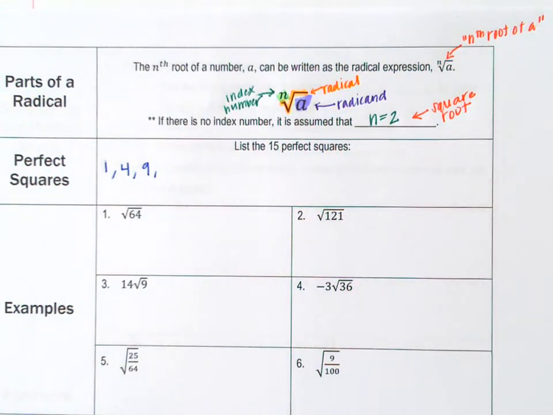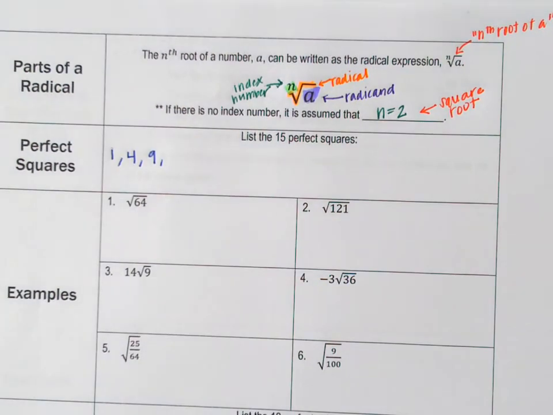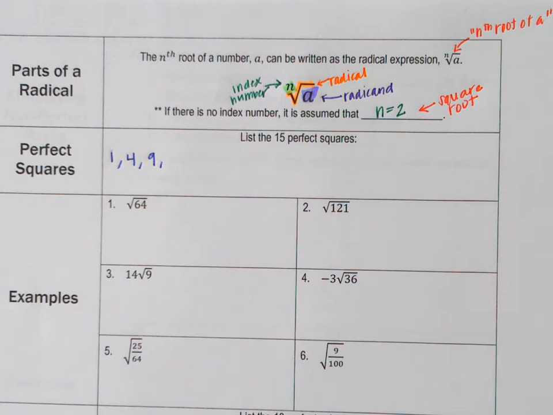I want you to complete that on your own, all the way up to 15 times 15, because this plays a huge part in simplifying radicals. So pause me here, get those on your own, and then come back and make sure you have the same thing.